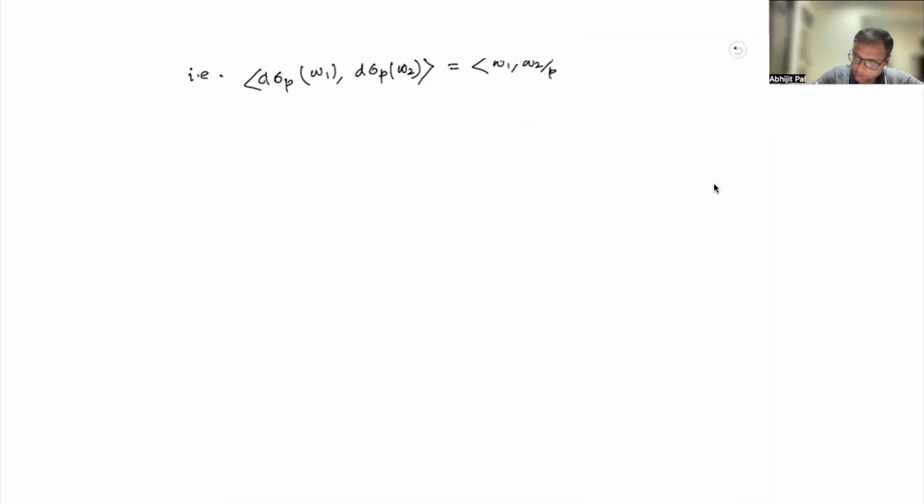Yeah, one mistake I have made here. Sigma is a map from this U to the cylinder, and I have taken a point P here.